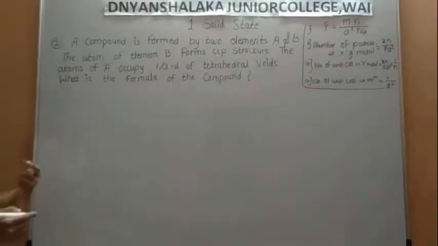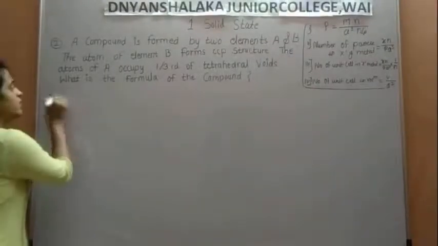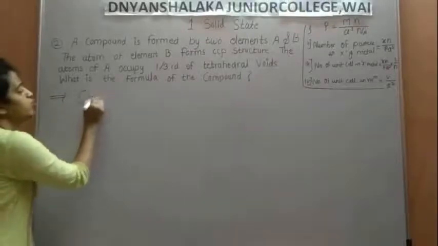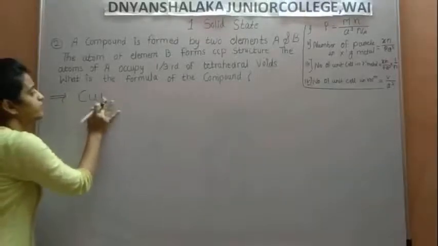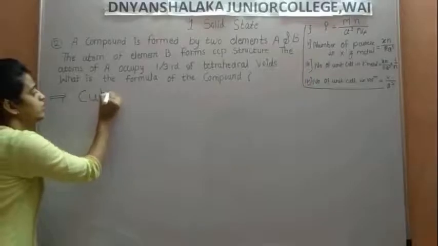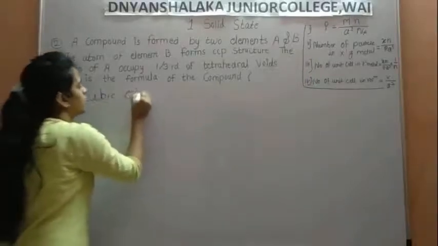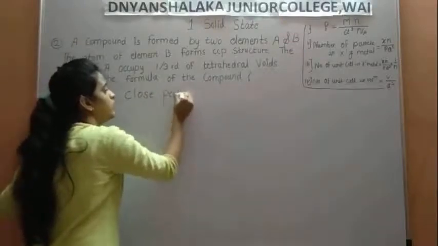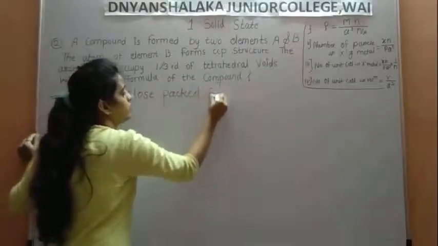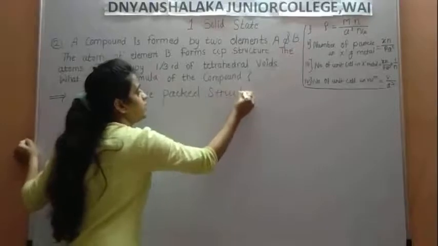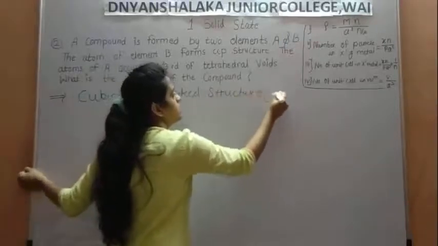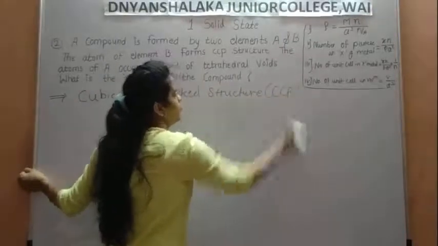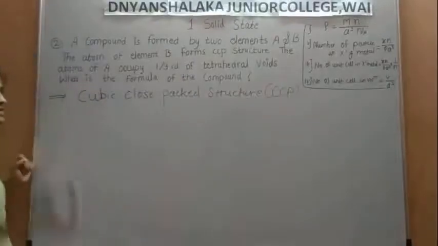So in this example we are given a CCP structure, meaning cubic close packed structure. It is denoted as CCP.